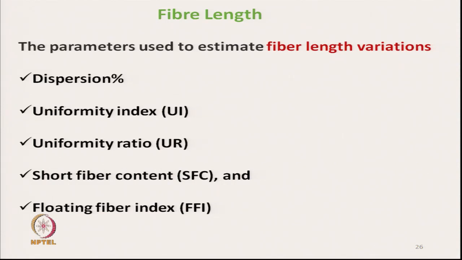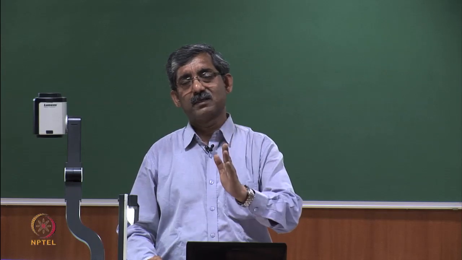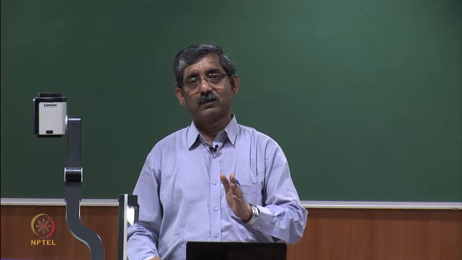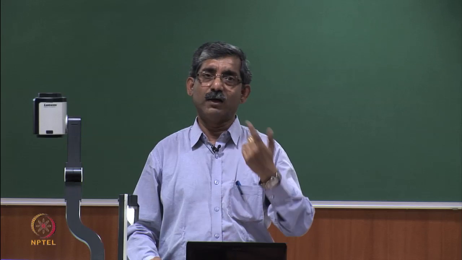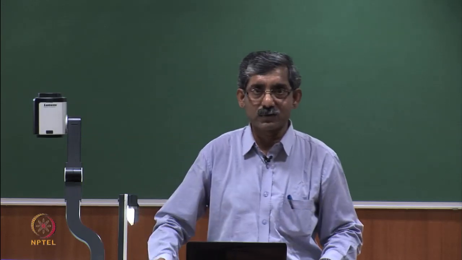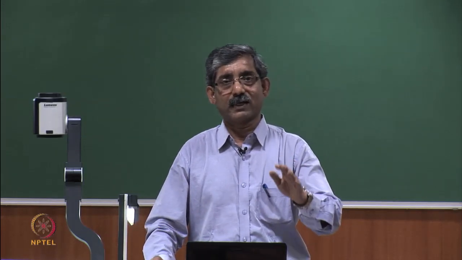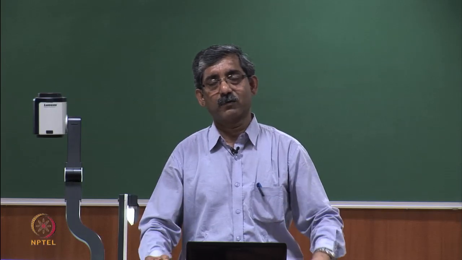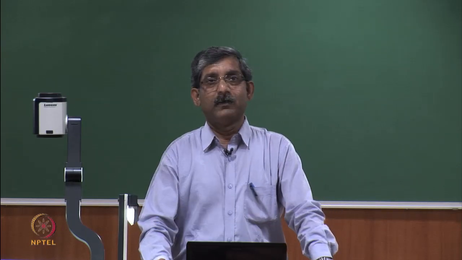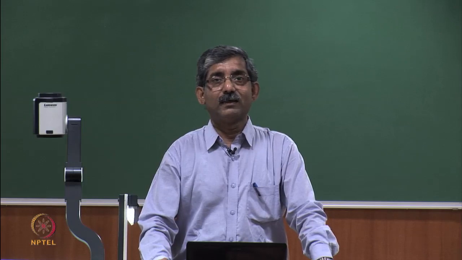These are the different characteristics which show the dispersion characteristics of fiber. Again, all these terms you can learn in the textile testing or evaluation of textile material course. And what is mean length?